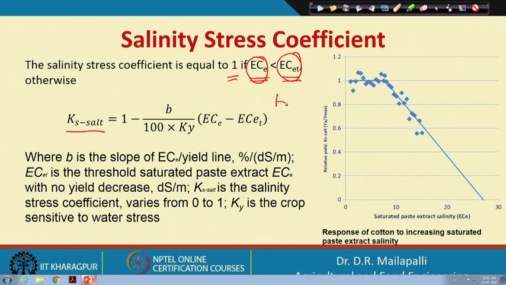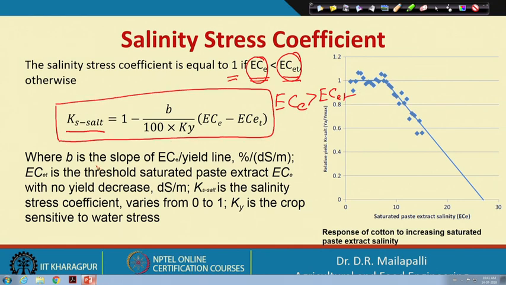If ECe is greater than ECet, we are going to use this equation. This equation says 1 minus, where b is the slope of the curve, ECe and ECet we know very well, and Ky is the coefficient.